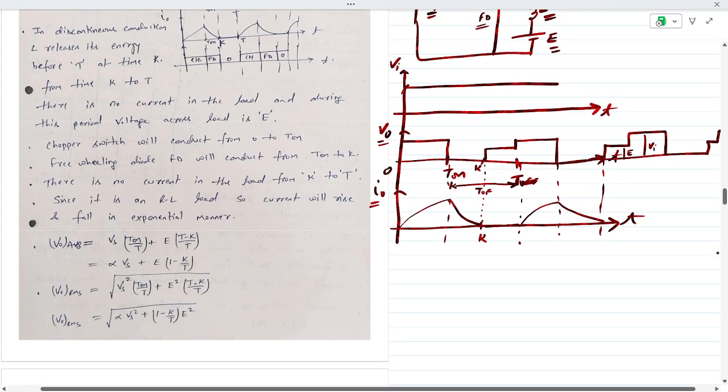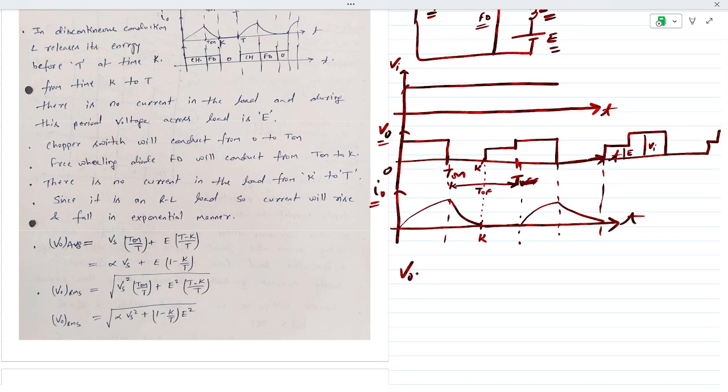And if we wish to calculate the value of output voltage, we can see there are two areas basically, this area and this area.